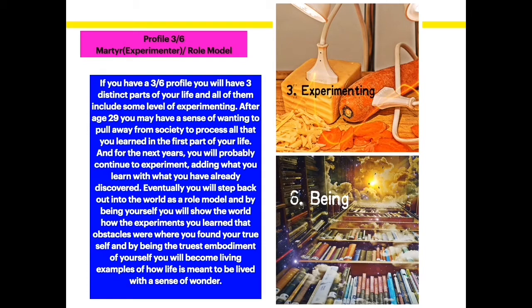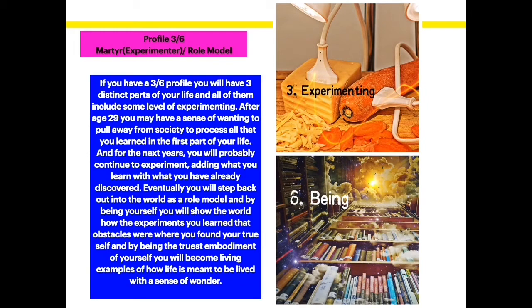And if you imagine that you're doing double experimenting with life, with everything, for the first 30 years of your life, before you have this so-called roof stage where you step back from all the things you learned, all the things you experimented with, and integrate what you learned, so that as time passes, you can figure it all out and then become the role model, or by being yourself, you show others how they can be themselves as well.